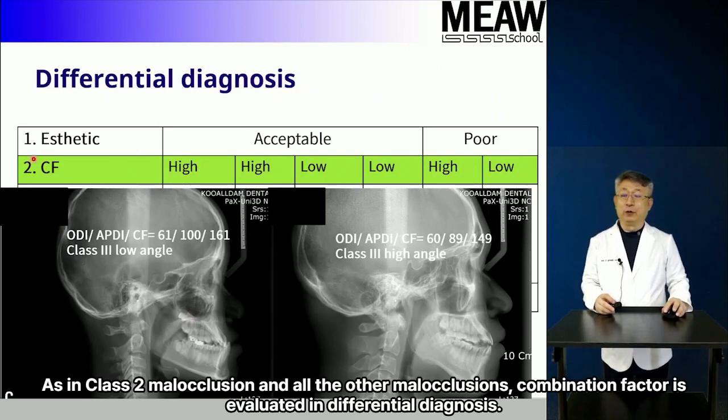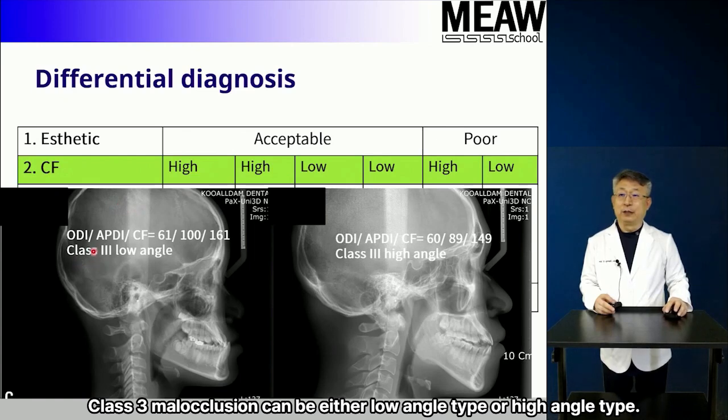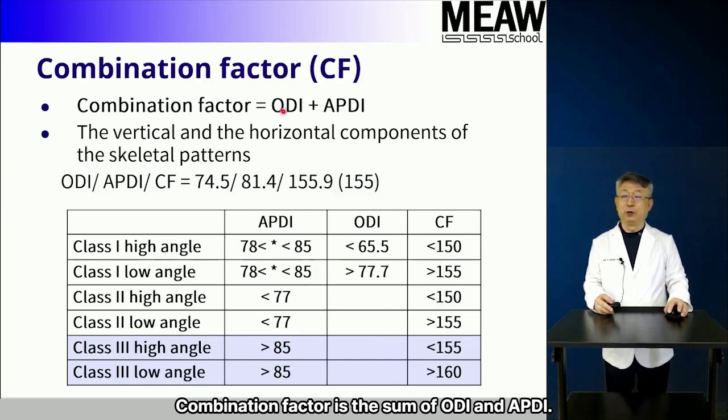As in Class 2 malocclusion and all the other malocclusions, combination factor is evaluated in differential diagnosis. Class 3 malocclusion can be either low-angle type or high-angle type. Combination factor is the sum of ODI and APDI.